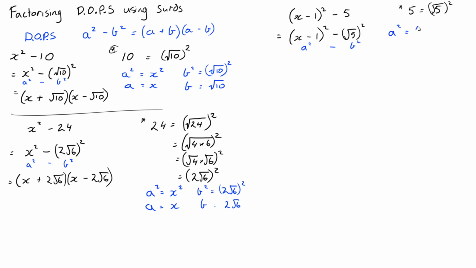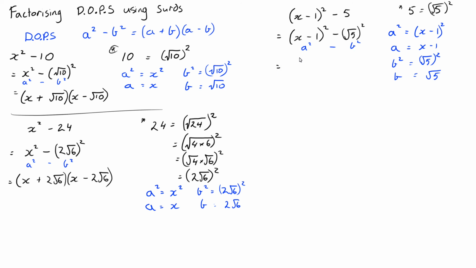A squared is just the x take 1 all squared, so a must be just x take 1, and my b squared term is the square root of 5 squared, so b must be equal to just the square root of 5.